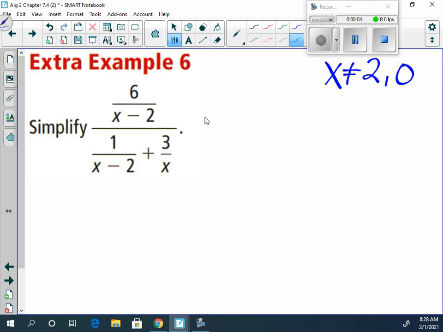Now the other way is looking to see how can I simplify the numbers on top and bottom, the fractions on top and bottom? So what could I multiply the fraction in the numerator by to get the denominator to simplify? So what can I multiply this by to get the denominator to cancel out?